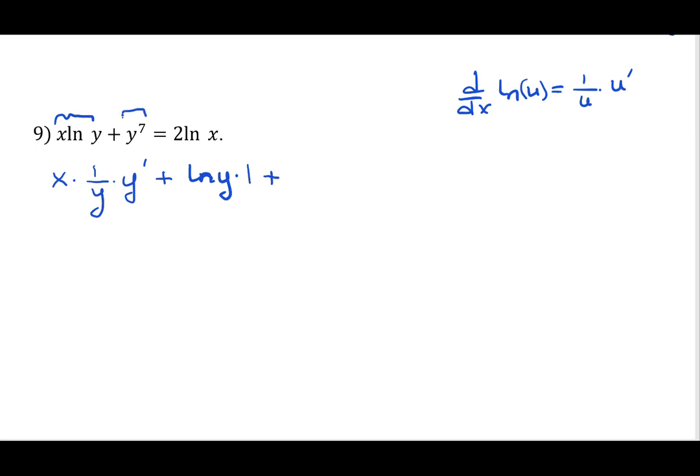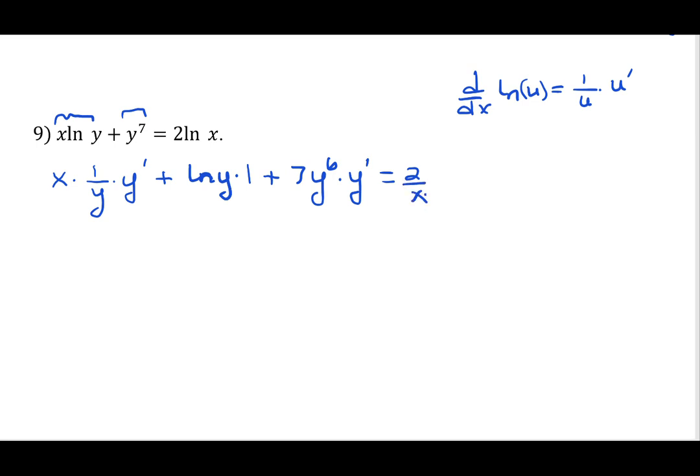The derivative of that is 7y to the 6 times dy dx, or y prime. On the right-hand side, we have 2 ln x. What's the derivative of that? If you said 2 times 1 over x, or 2 over x, you are absolutely correct.